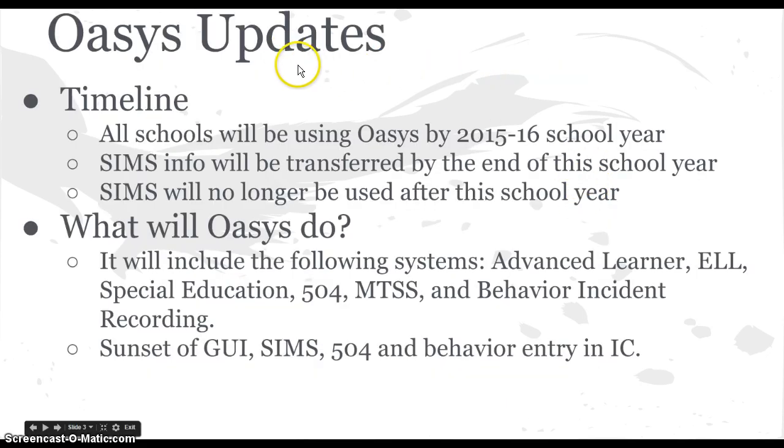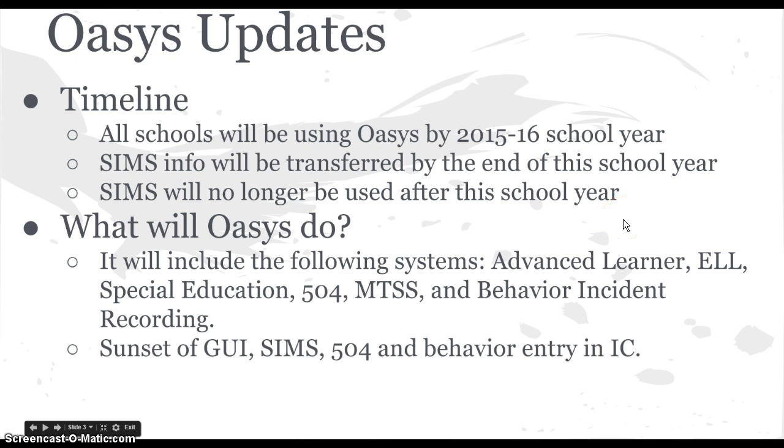So while OASIS was rolled out this year, schools have varying degrees of use and involvement with the tool. And it's important to note that by next school year, all school teams are expected to be using the OASIS system. SIMS information will be transferred by the end of this school year, and we'll no longer be using that system.